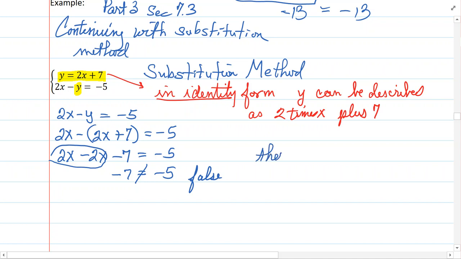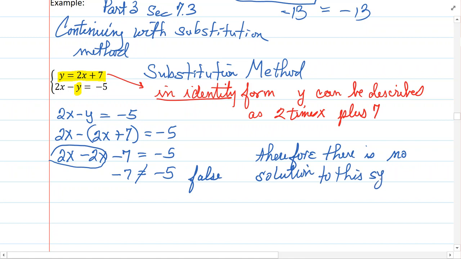Therefore, there is no solution to this system of equations. There is not a communal answer that'll work for either of the items.